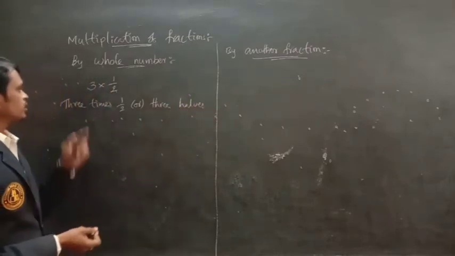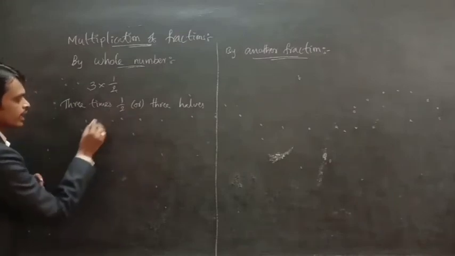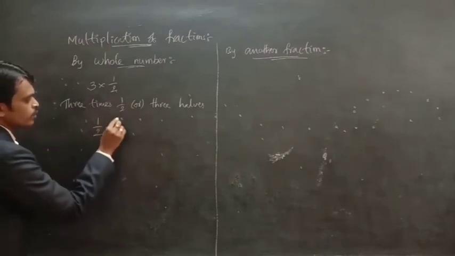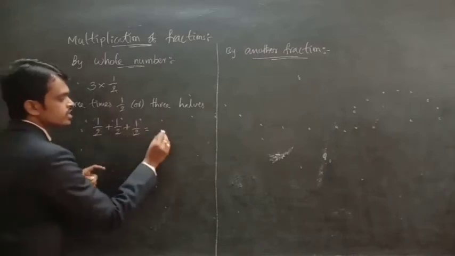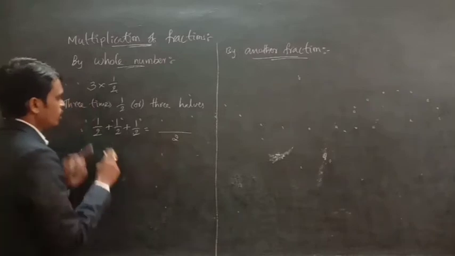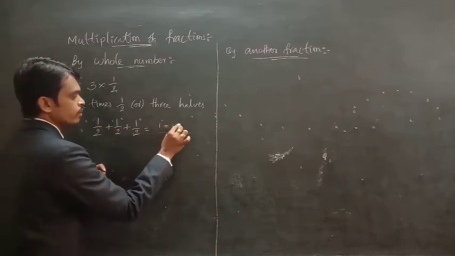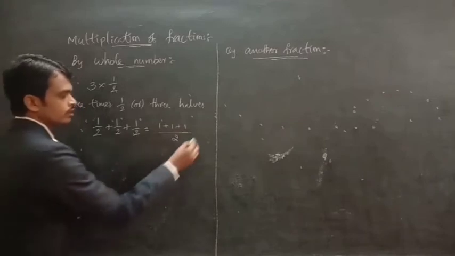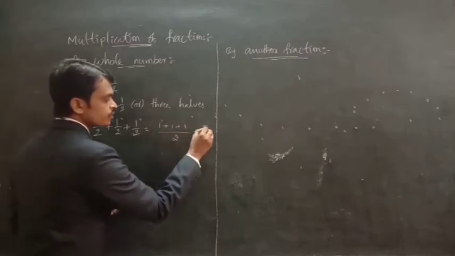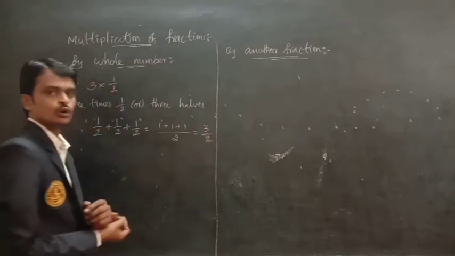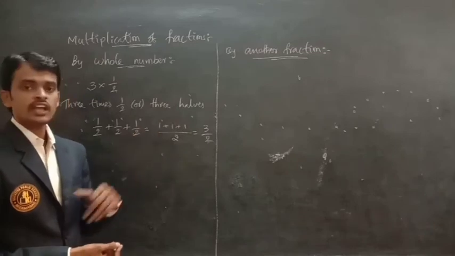Here 3 times 1 by 2. I am writing 1 by 2 plus 1 by 2 plus 1 by 2. The denominator is the same, 2. Let us add the numerators: 1 plus 1 plus 1. 1 plus 1 is 2, 2 plus 1 is 3, so the answer is 3 by 2, which is 3 halves.